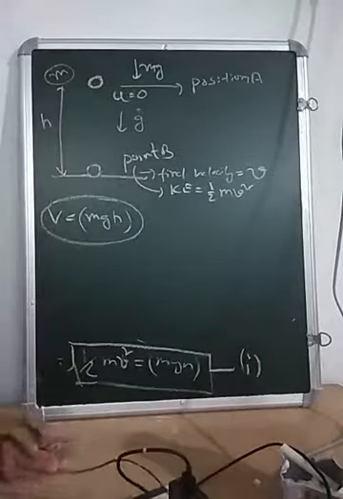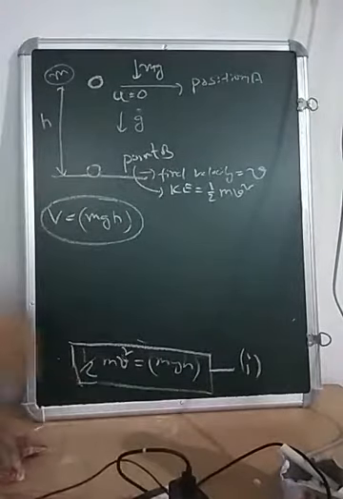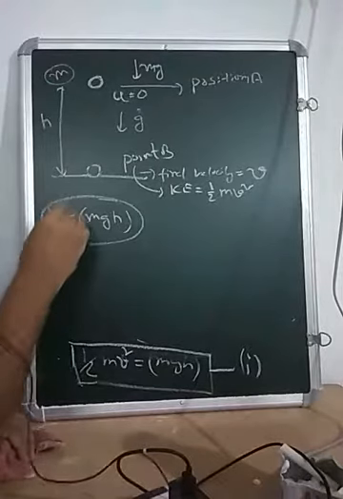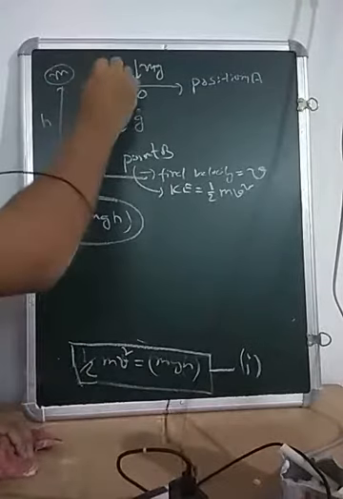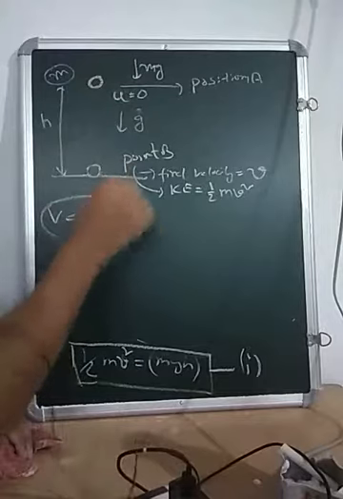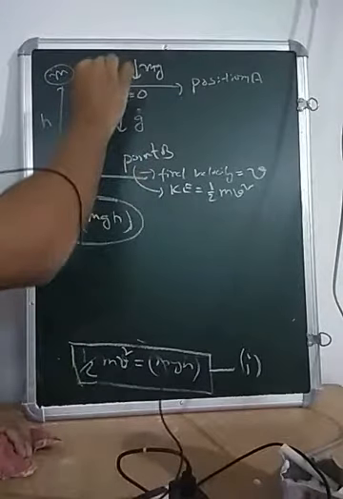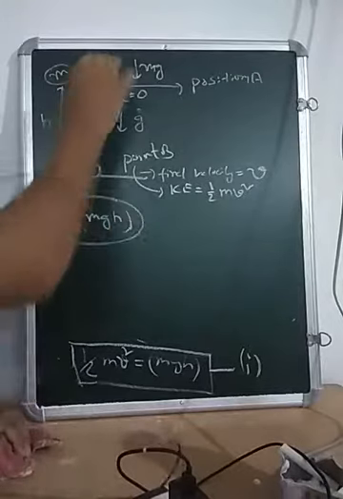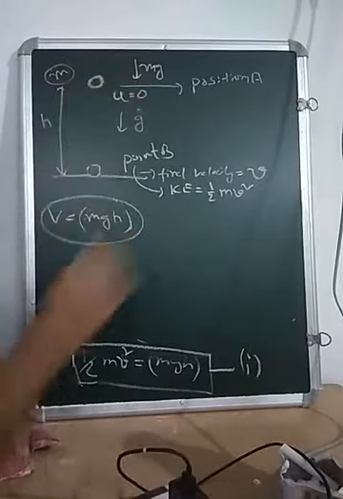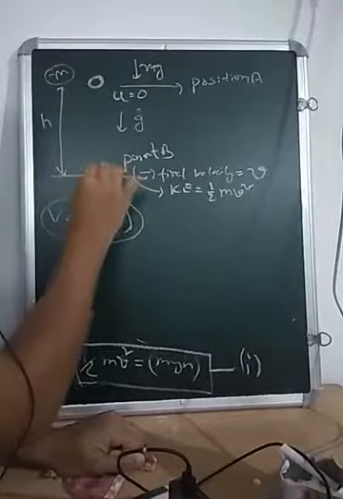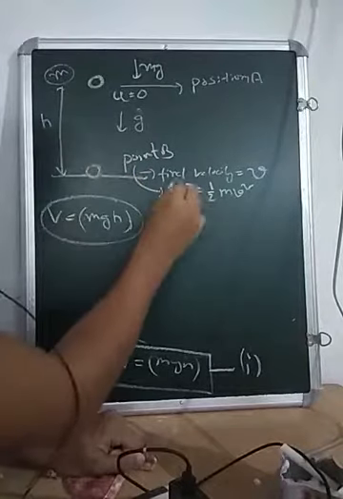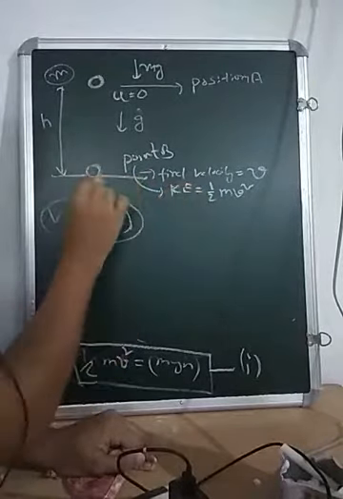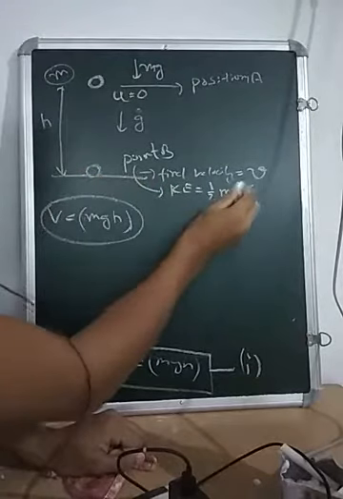From up to now, what we have obtained: initially the body has potential energy at height h, at rest at point A, and potential energy at point A is m g h. At point B, when it strikes the ground, the kinetic energy of the object is half of m v square, where v is the final velocity.